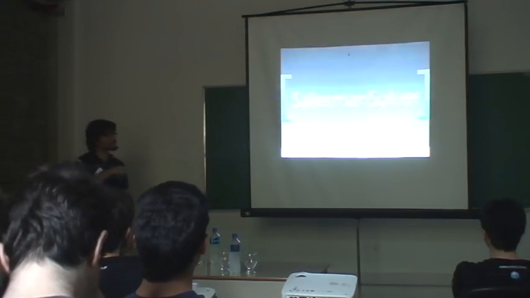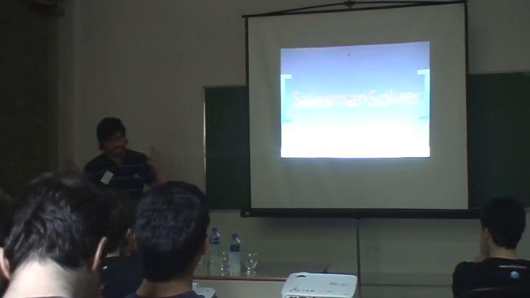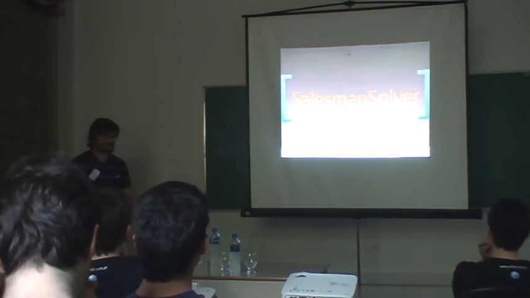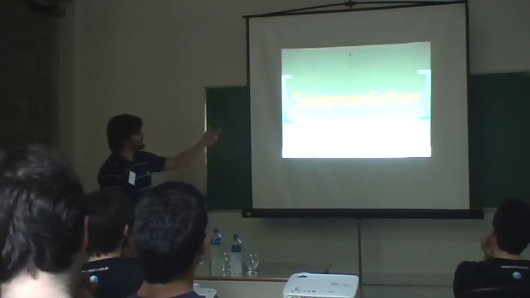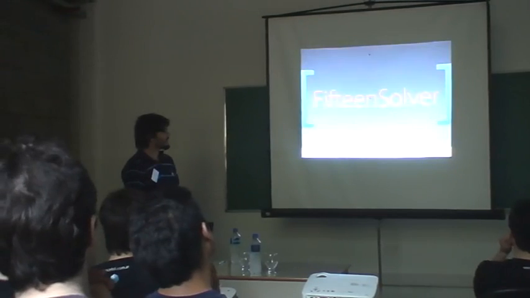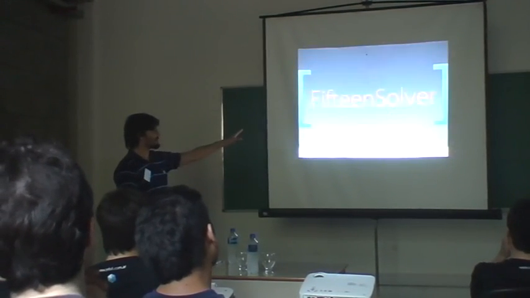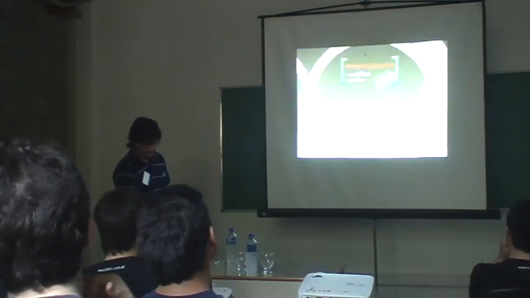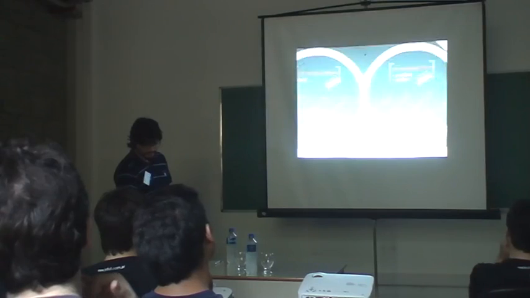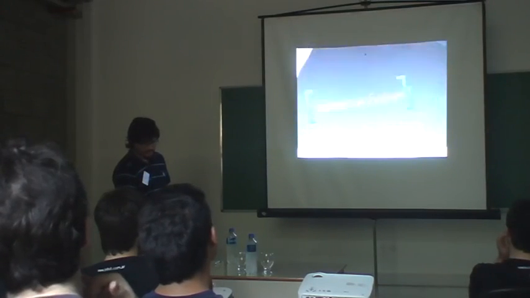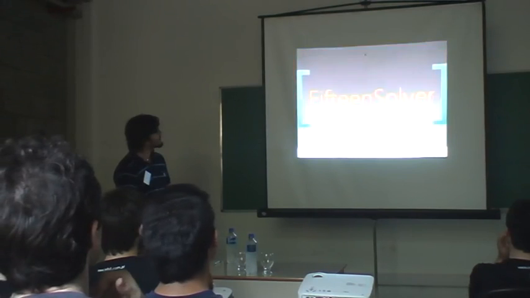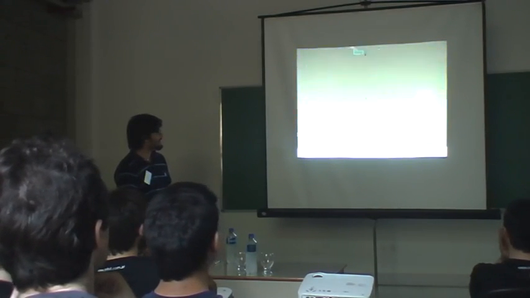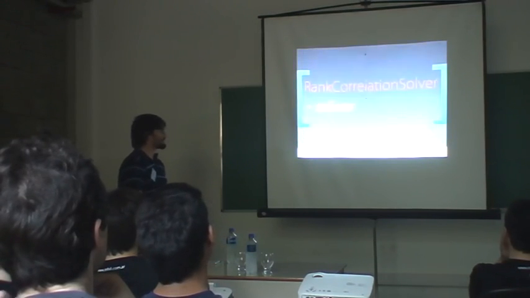jumping from one solution to another, and there are some constraints on this kind of jump that have to be established in particular classes. So this is another problem; I don't know if the 15 problem is in the other list, I guess it does. Okay, well, we have the 15 problem, so we have the 15 solver, the correlation solver, and the rank correlation solver.